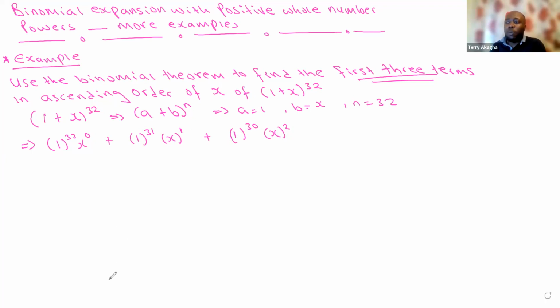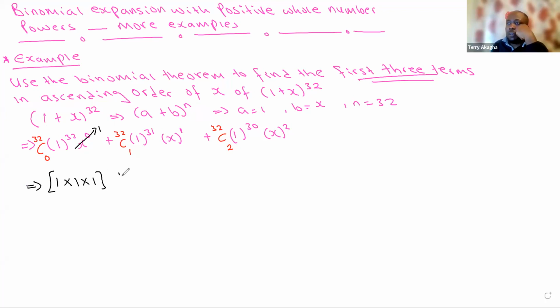But we have to put in the coefficients. So it's going to be 32 combination 0, 32 combination 1, and 32 combination 2. Then we put it in the formula. Remember, anything raised to the power 0 is 1. 32 combination 0 is 1 times 1 times 1.